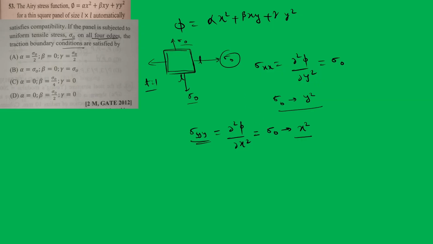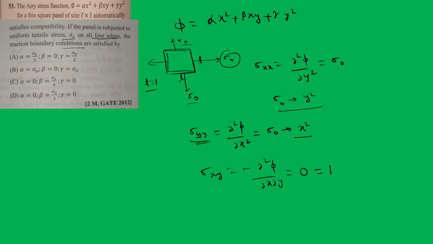Okay, then sigma x, sigma y, and then there is sigma xy. So this should be minus dou square phi by dou x dou y, and this is the shear stress. So there is no shear stress. So this should be 0, right?